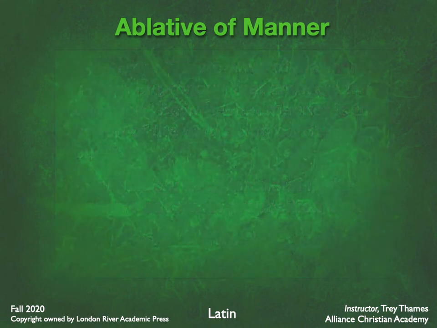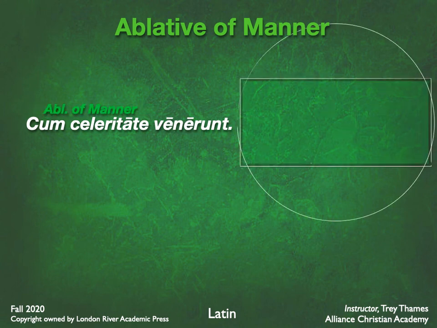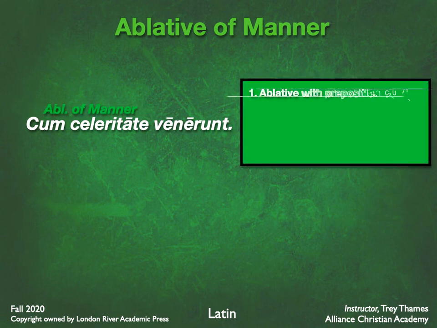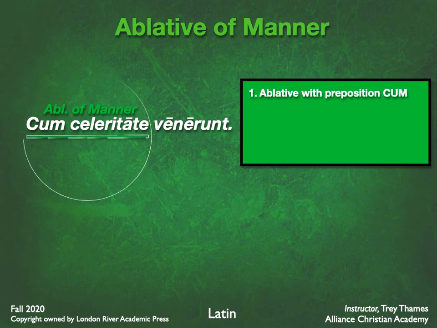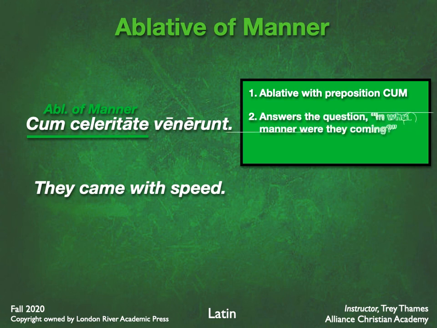So let's look at an example here. Cum celeritate venerunt. Celeritate is the ablative, with the preposition cum. They came, venerunt, cum celeritate, with speed. It's answering the question, in what manner were they coming? And so you translate it with speed.